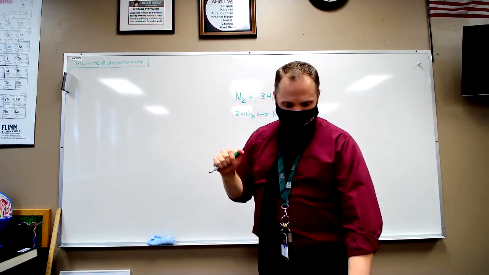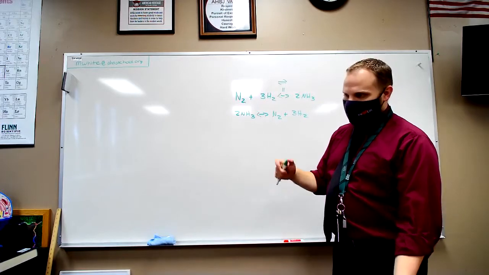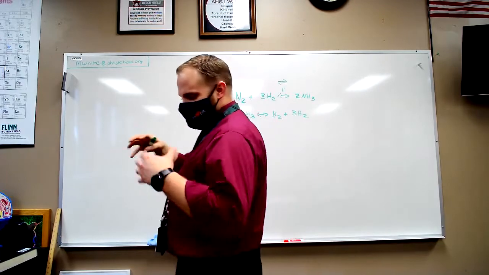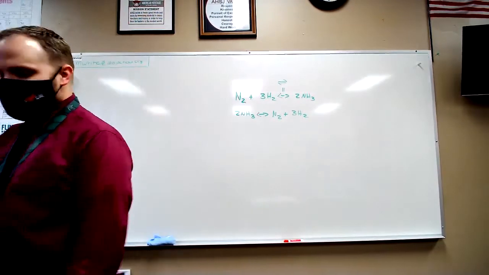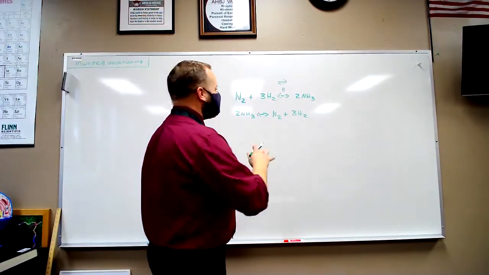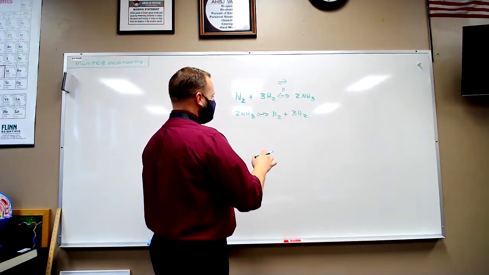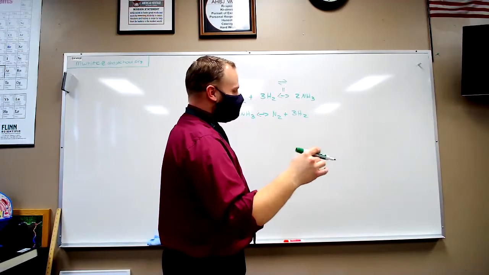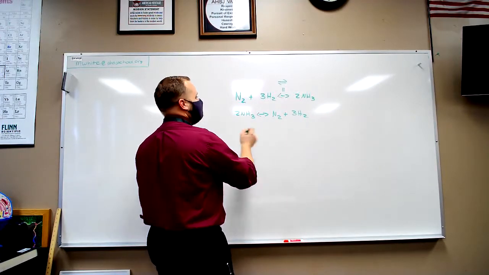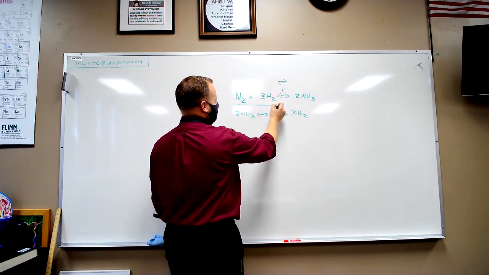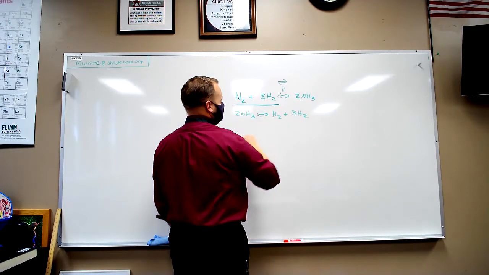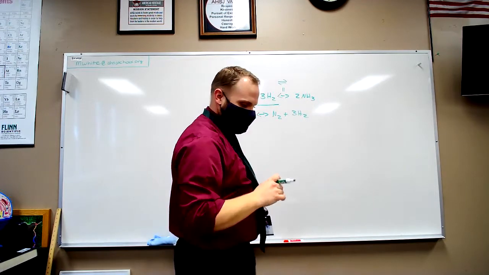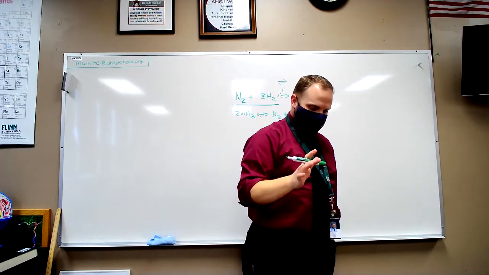And the reason why a reversible reaction doesn't go to completion is because at some point, and we would call this equilibrium, at some point, every time we get one of these reactions going that way, we get one of these reactions going the other direction. Okay. And now that's an important concept.